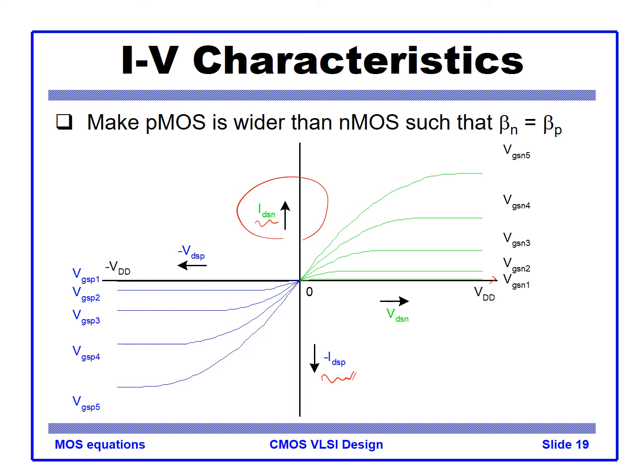For the first look, you might be confused about why this kind of plot is shown here. But what you have to remember is that this behavior is very similar to that of the NMOS device. This is the odd symmetry, right?